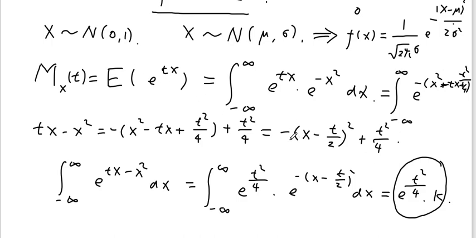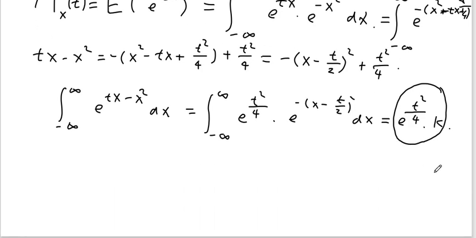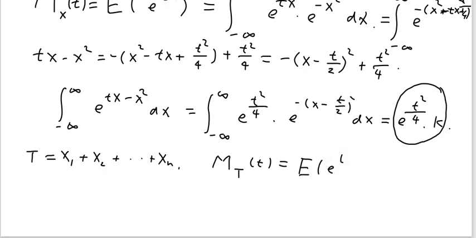So if T equals X1 plus X2 plus up to Xn, then the moment generating function for T is E[e^(tX1) e^(tX2) ...], like that.